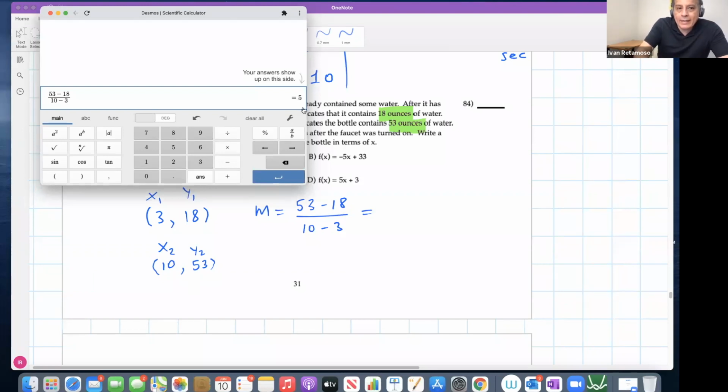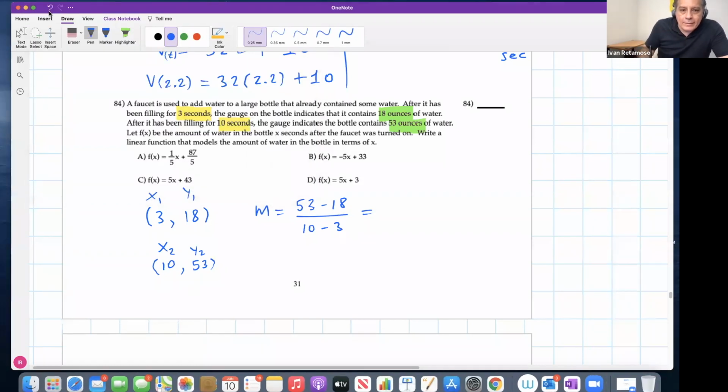Same, 5 is what I get, 5 ounces per second. So with this slope and this point, figure out the equation, right? It's not hard. With this point, the slope, figure out the equation.